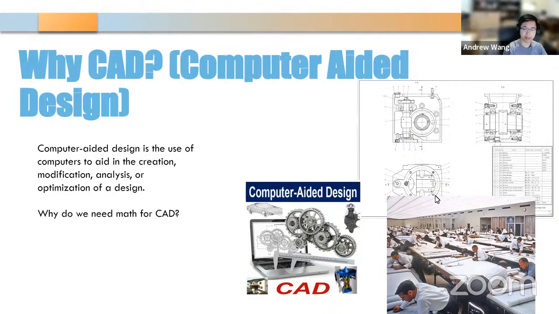As you can see in the bottom right corner, this is a photo from, I believe, the 1950s and 1970s. These rooms were filled with engineers. And you see those stencils, you see miles of paper, graph paper, and the rulers, all sorts of things.